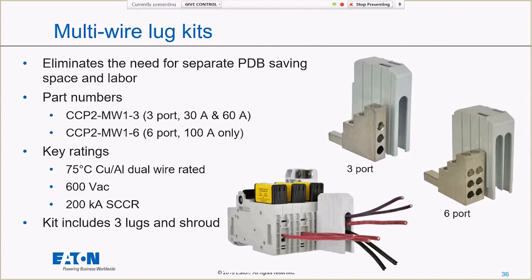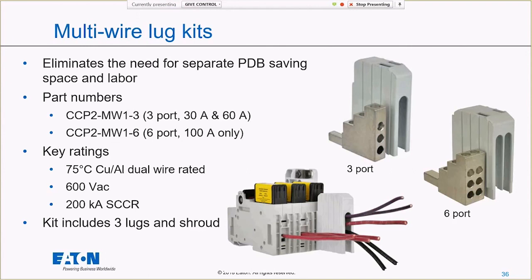If you're in the 30 or the 60 amp switch, and this goes for the Class CC version or the CUBEFuse, you can get 3 ports per pole. And all of these come with that shroud, so you can keep it finger safe. That finger safe shroud comes with it when you order it. And then if you get the 100 amp switch, you can get the 6 ports per pole.